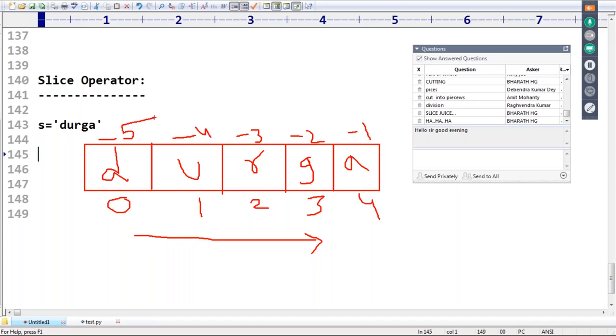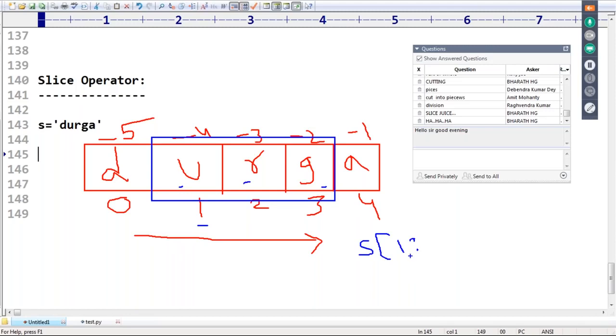Sir, now observe that I want only this piece. This piece is nothing but the slice I want. How can you do that? S of 1 colon. Sir, from index 1 to 3.